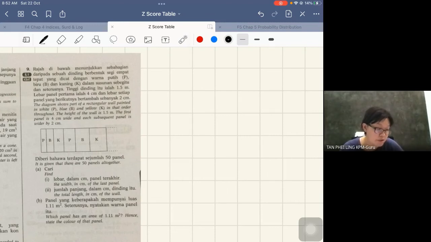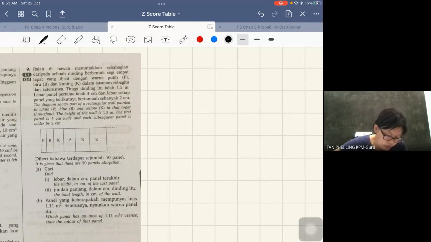Okay, so question number 9. Read the question first. Yeah, this one is a bit tricky. Okay, let's go on reading it. First thing, it says that the diagram shows part of a rectangular wall painted in white, blue, and yellow.